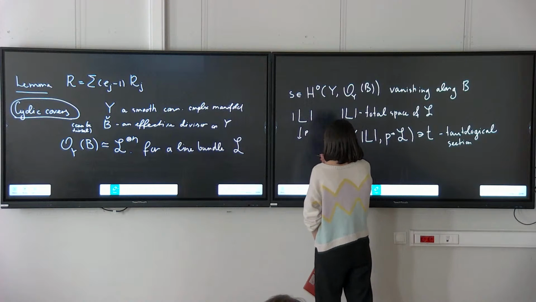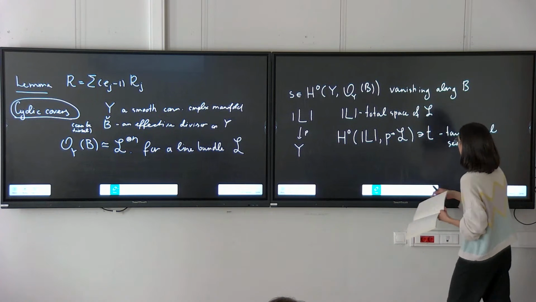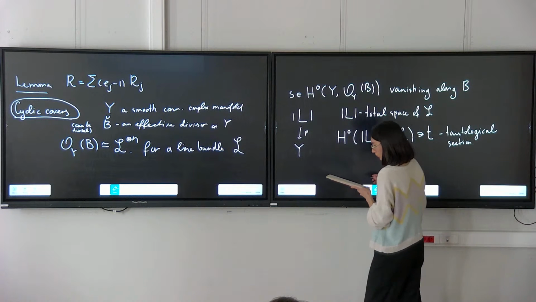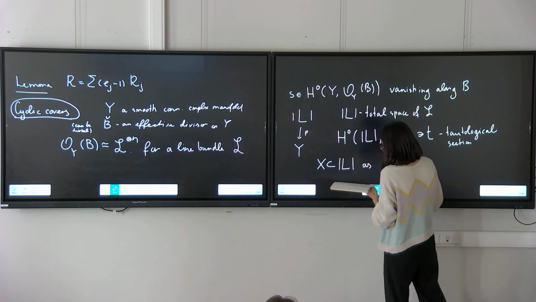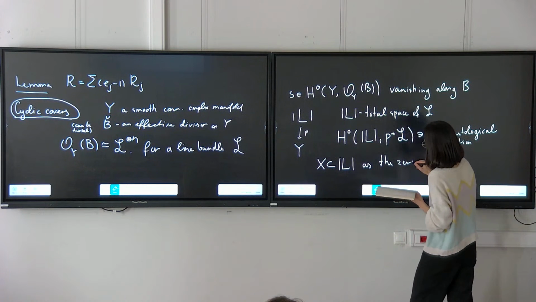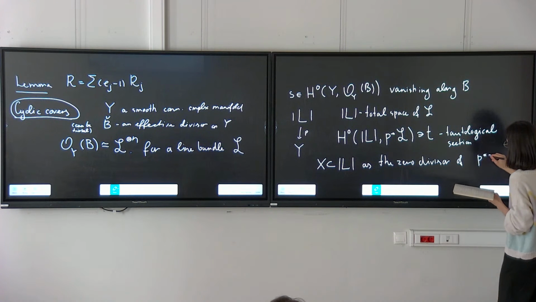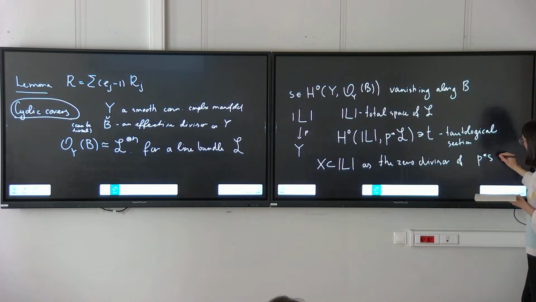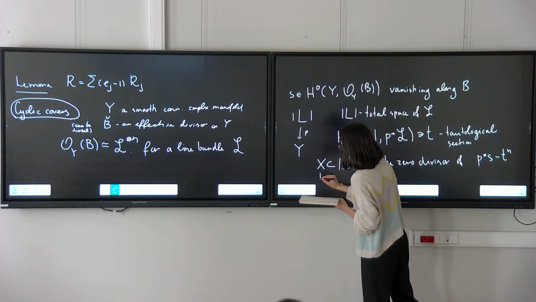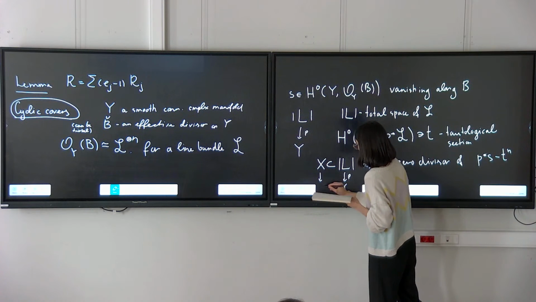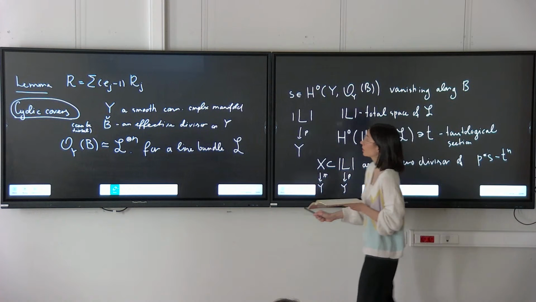Yes, this is an affine bundle over Y, and now we have a tautological section, and now we will define X inside L as the zero divisor of the pullback of section S minus T^n on L. And I claim that the restriction of P to X will give you a cyclic covering of Y, okay?